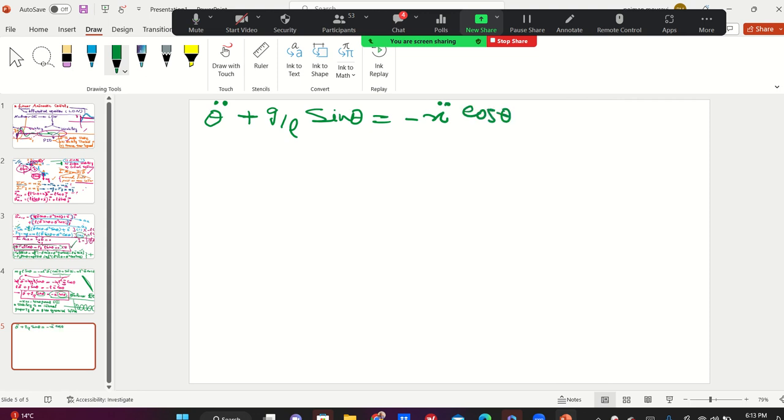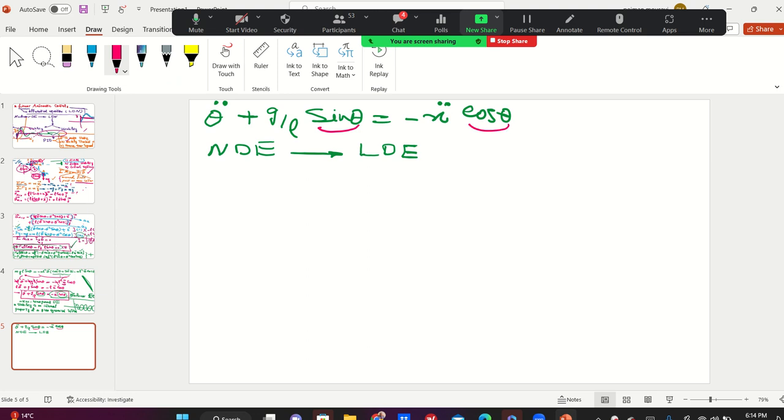Now, how to do that? First, I told you that this is a nonlinear differential equation. You have to transfer it to a linear differential equation. What are the nonlinearities in the system? Sine of theta and cosine of theta.